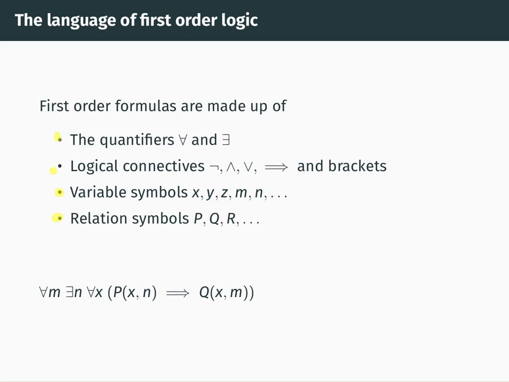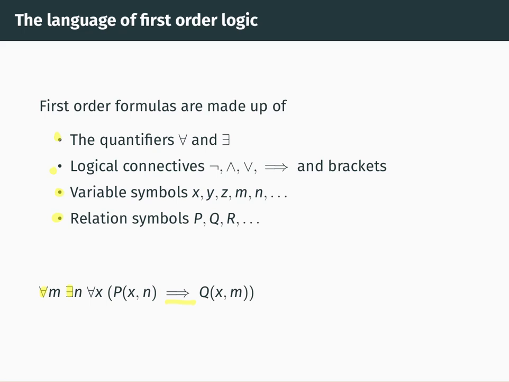So in the example formula, which you saw on the last slide, here we have some quantifiers for all and exists, and the statement will be read out loud and interpreted as saying for all m there exists an n such that for all x something happens. You can see also that there are some logical connectives. In fact, there is an implies connective there.